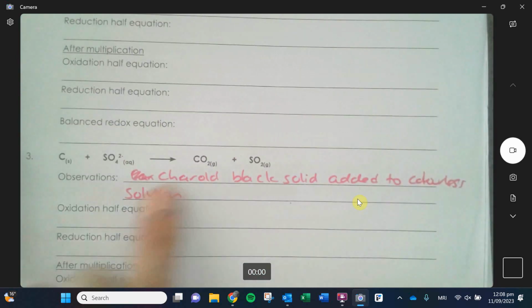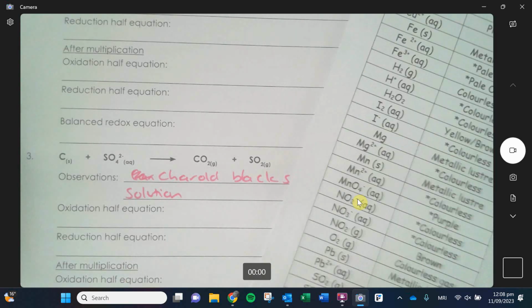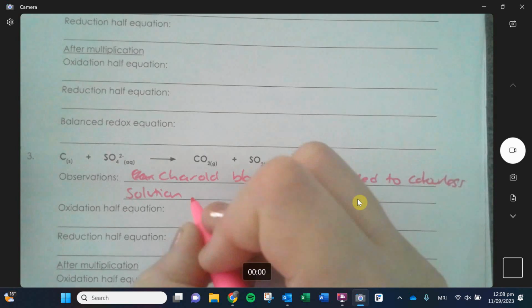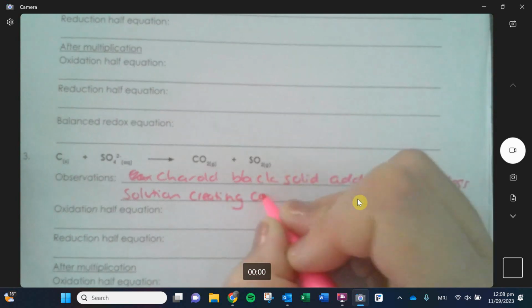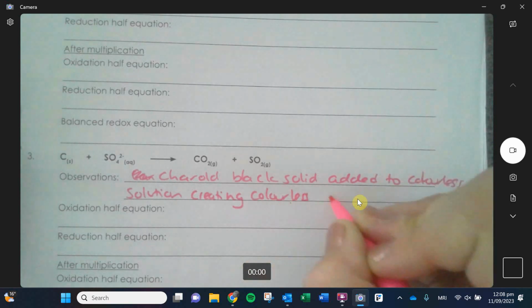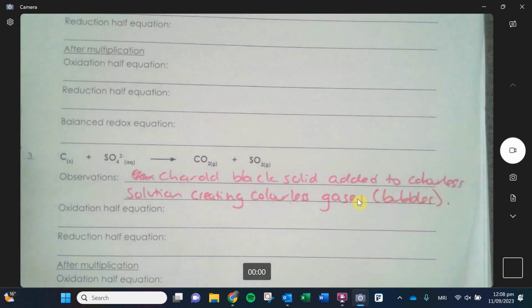Because if you see carbon dioxide and sulfur dioxide are both gases, and if I look at the resource sheet, they're both colorless gases. It's always good to mention bubbles because you can't see a gas, but you can see the bubbles. So I'm just putting that as like a note. Are we okay with that so far? Yes? Actually, no, I'll just keep going with this.